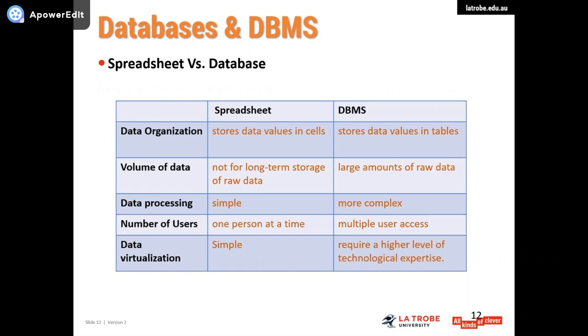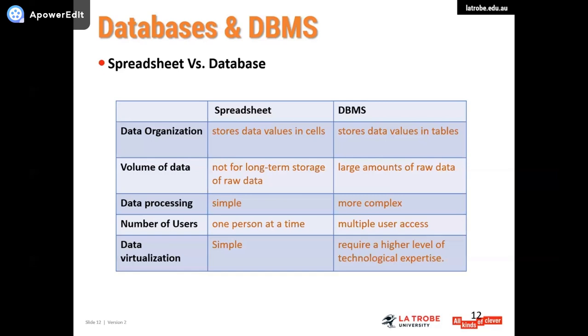In a spreadsheet, it stores the data values in cells. Since you have used spreadsheets before, you know that. But in a DBMS, in a database, it stores the data values in tables. So that's one major difference. The second is the volume of the data. A spreadsheet is not very good for long-term storage of raw data.